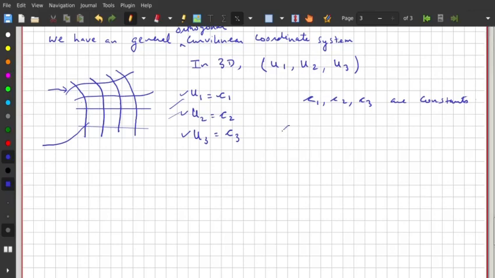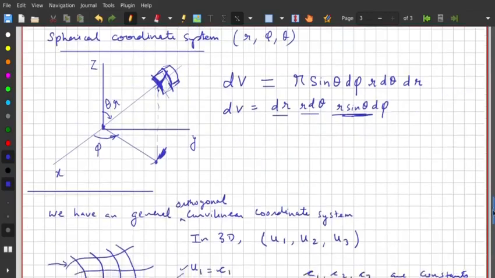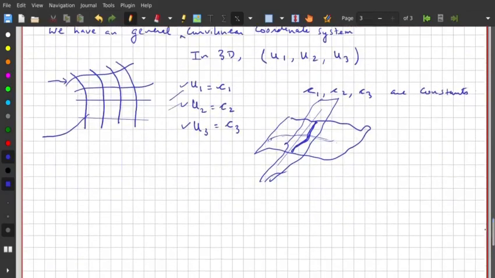This is one surface, and then we have some other surface. The intersection of these is in general a curve. These two surfaces are represented by one of these constraint relationships.